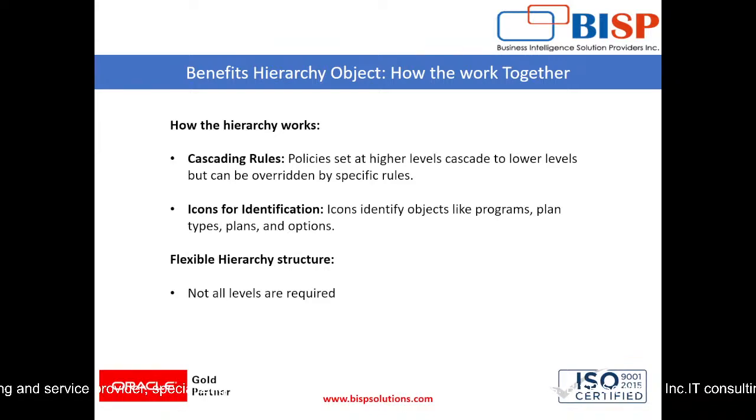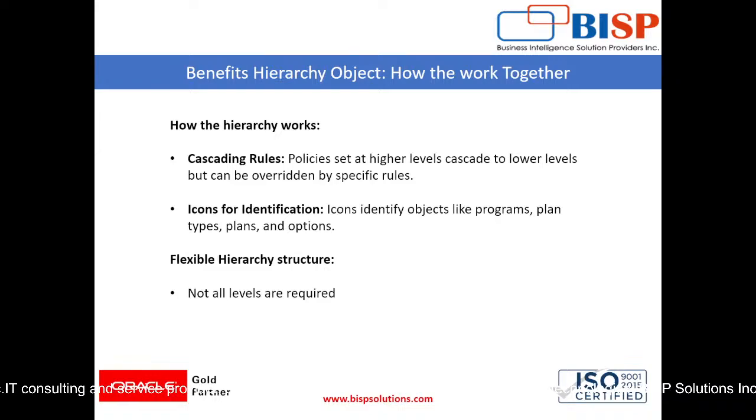We also discussed the benefit hierarchy objects and how they work together, in which we saw the cascading rule, which is policy set at higher levels. Let's say you have a 4 level benefit hierarchy, in which the topmost level is program, then plan type, then plans, and at the bottom options.